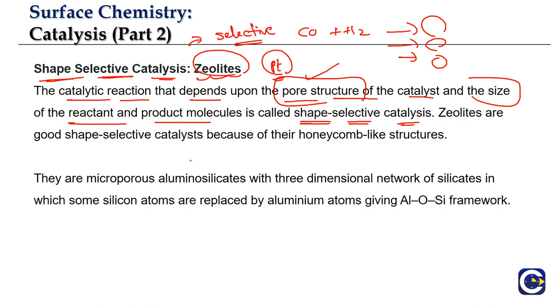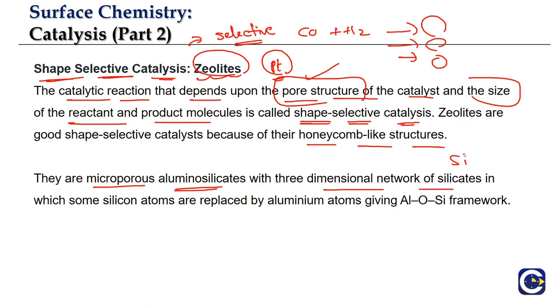Now zeolites are one very good example, because they have a peculiar honeycomb like structure which enables them to act as a catalyst in a particular reaction where the size of the reactant molecules will match the shape and size of the pores of the zeolite surface. So if you look at the zeolite surface, they have a microporous nature of the aluminosilicates with a 3D network of silicates.